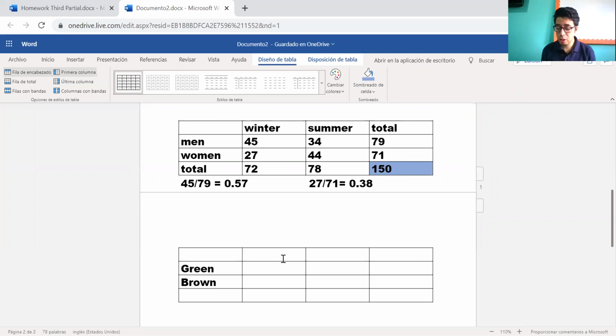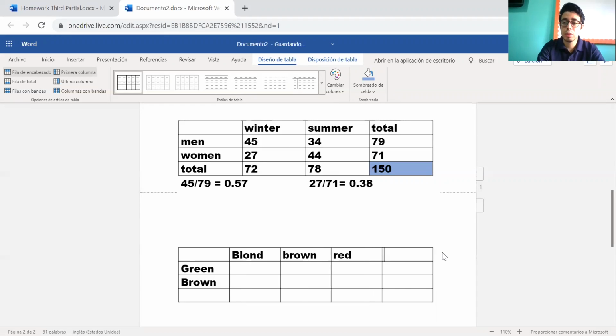So we need to construct the table with the information, then identify the least common combination of eye and hair color. For the hair color, we have blonde, brown, and red. I need one more column to write the total here, and here I write the total for this.